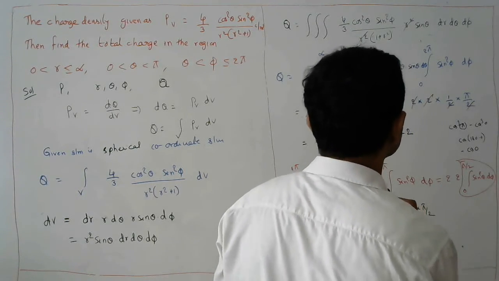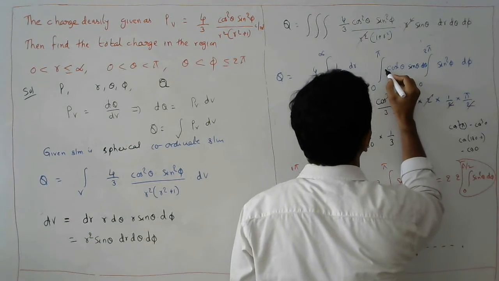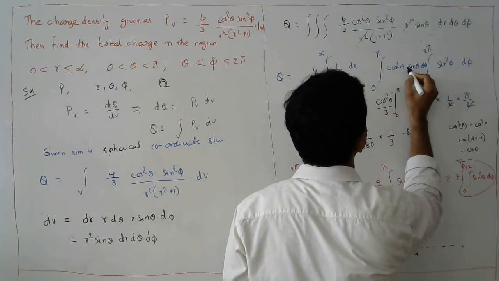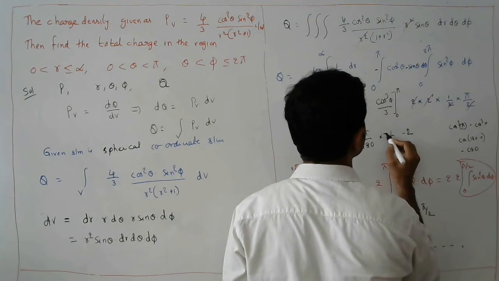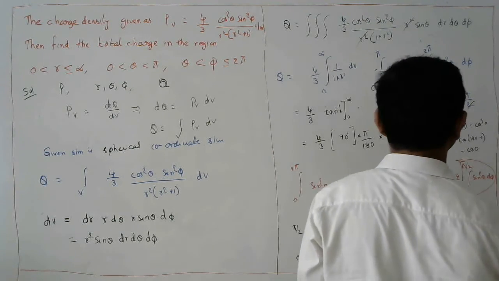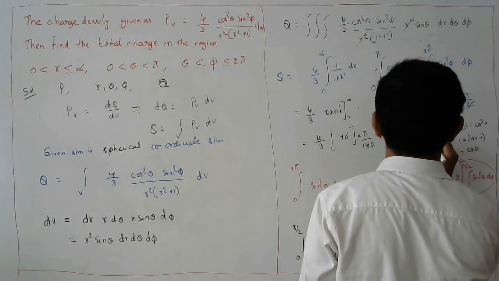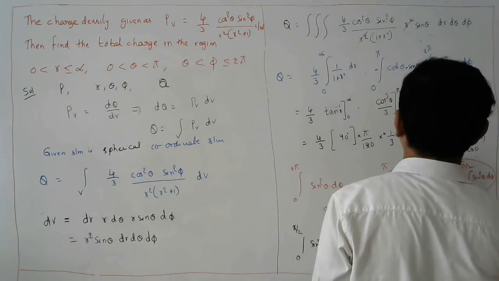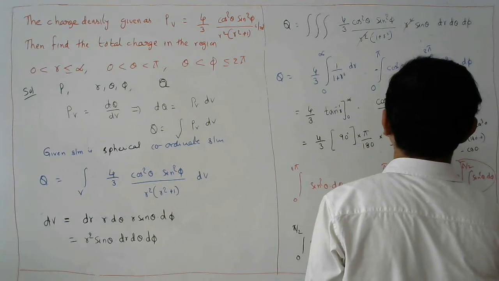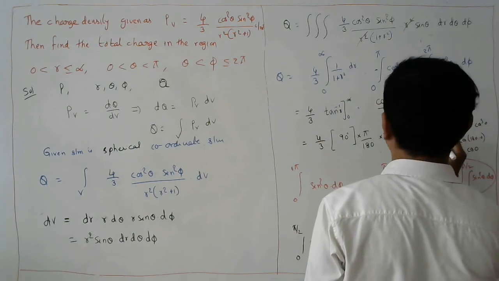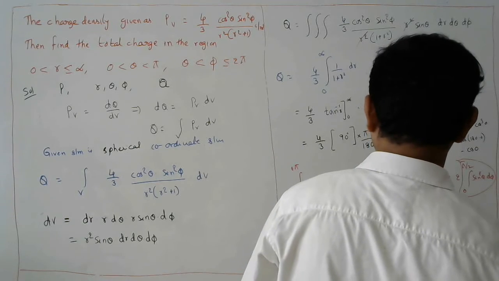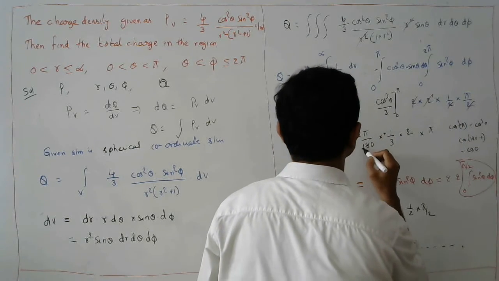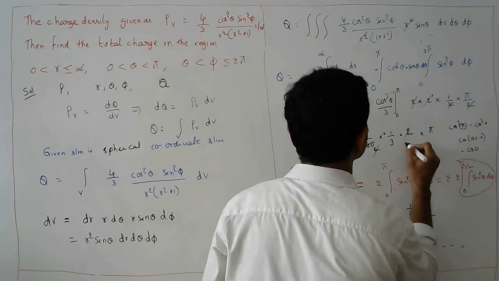Here, differentiation of cos gives a minus sign, so multiply both sides with minus. At that time this minus will get cancelled out. Now 1 times 2 times pi by 2, the 2 will get cancelled.